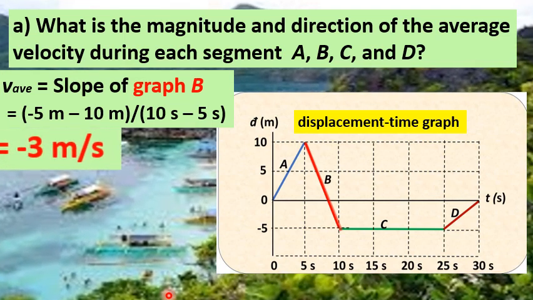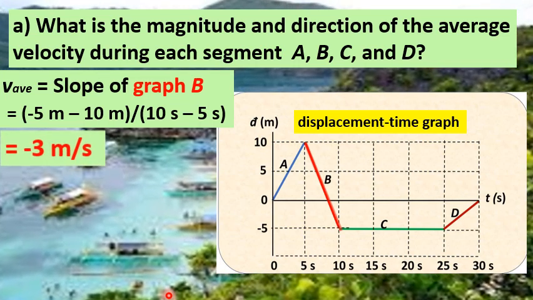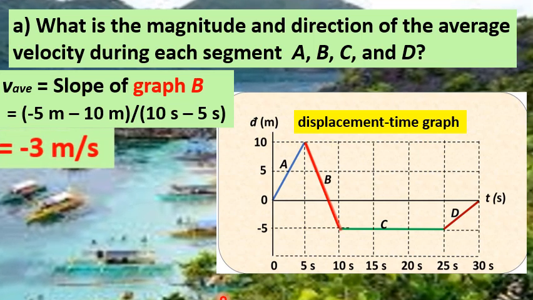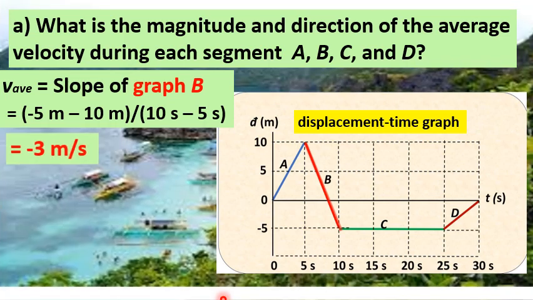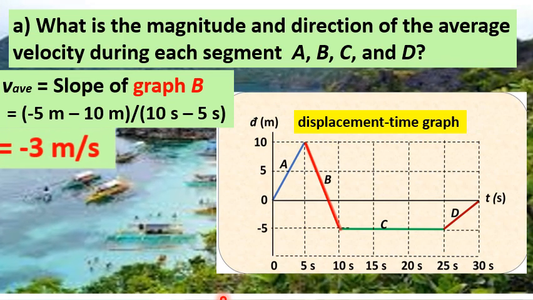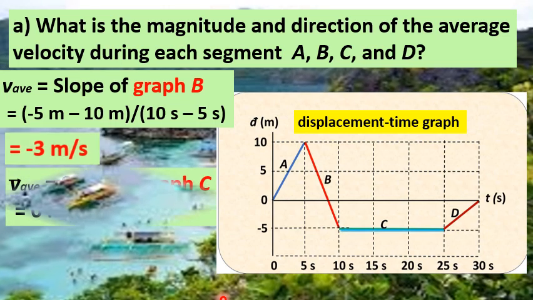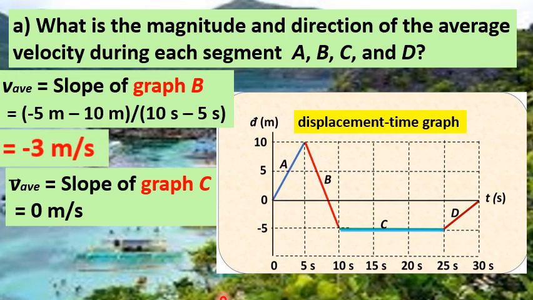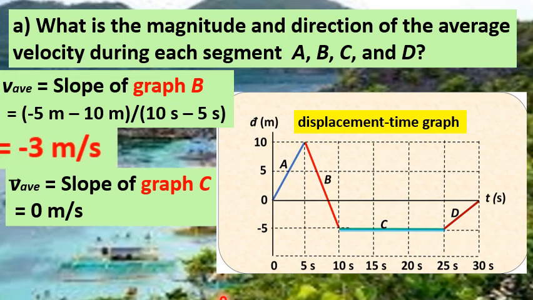This suggests that the slope of this horizontal graph line is just equal to 0. This means that the particle is stationary or motionless during that time interval. So we just emphasize that the average velocity represented by graph line C is just equal to 0 meters per second.